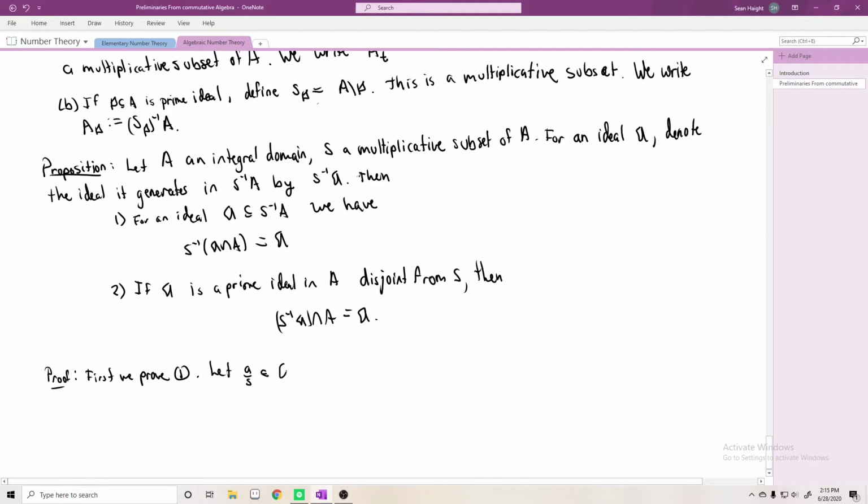Let a over s be an element here, for a in big A and little s in S. We see little a is just s times a over s, and since this is an ideal, it's in 𝔞, but it's also in big A.